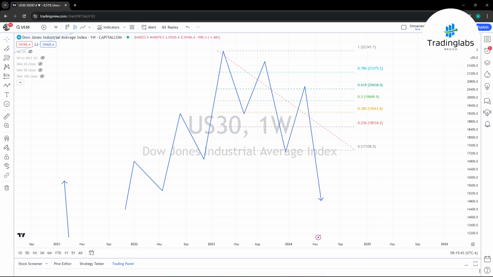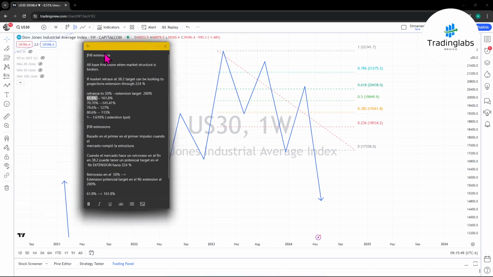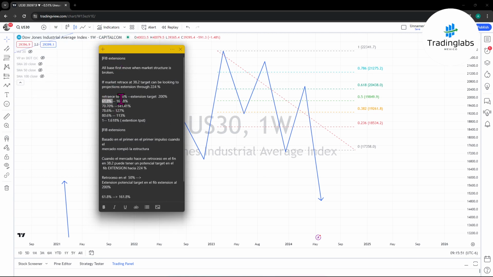So what does this tell us? If it makes 61.8, the tentative forecast of the extension is 161.8.